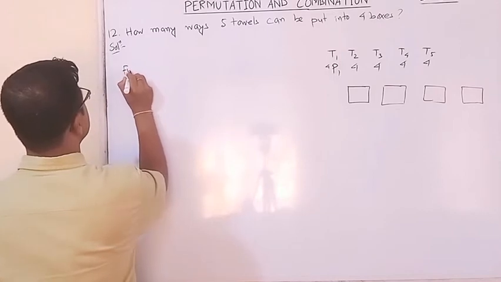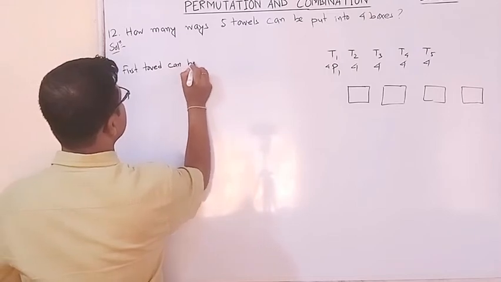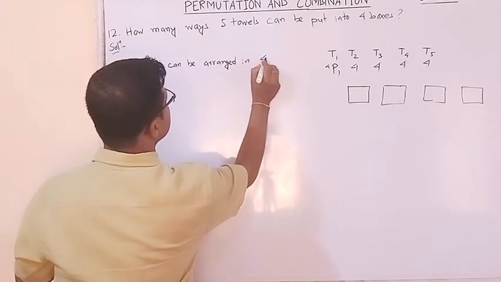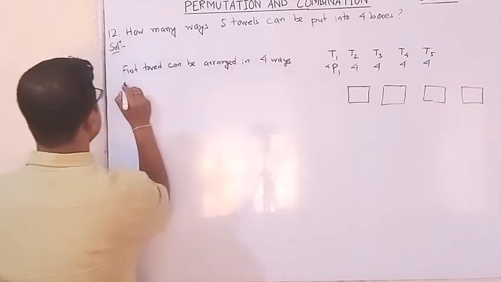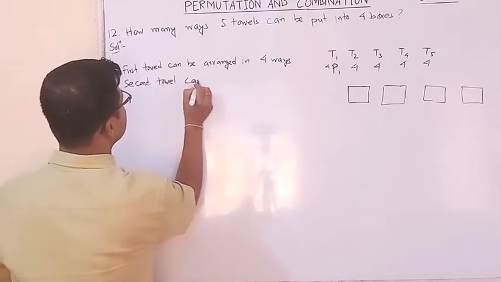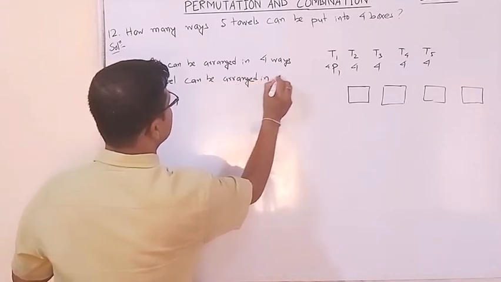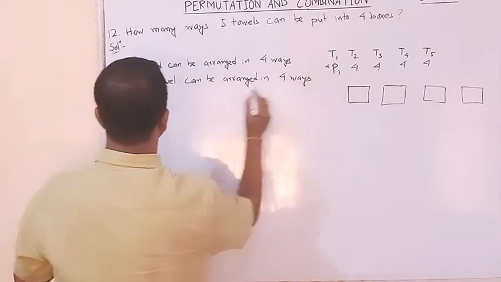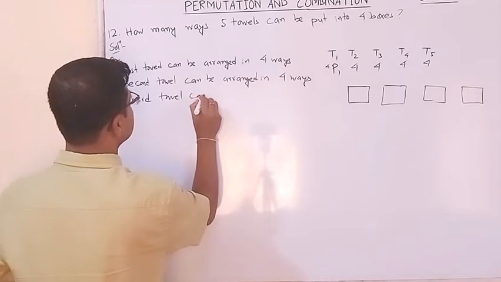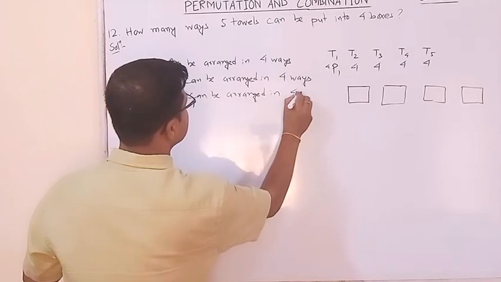First towel can be arranged in 4 ways. Second towel can be arranged in 4 ways. Third towel can be arranged in 4 ways.